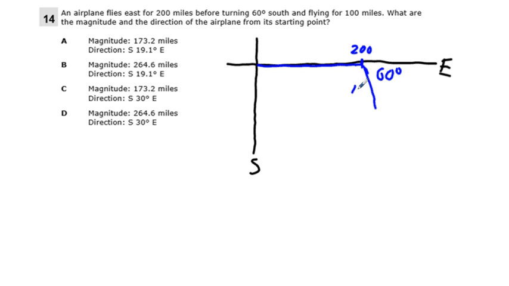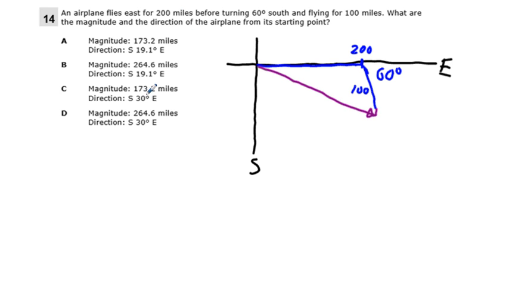for 100 miles. So what we're trying to find out is the new distance, which I'm drawing in this purple vector here, and we're going to have south so many degrees of east, it looks like the way they're wording it here.